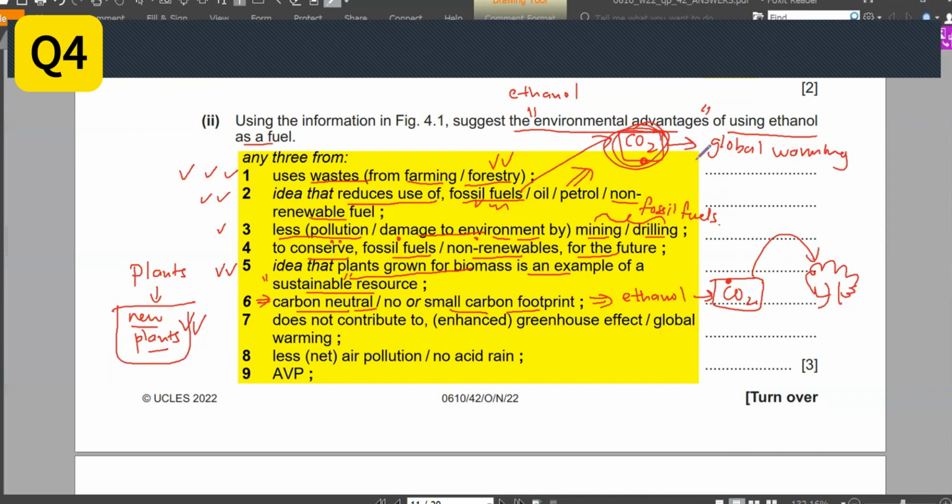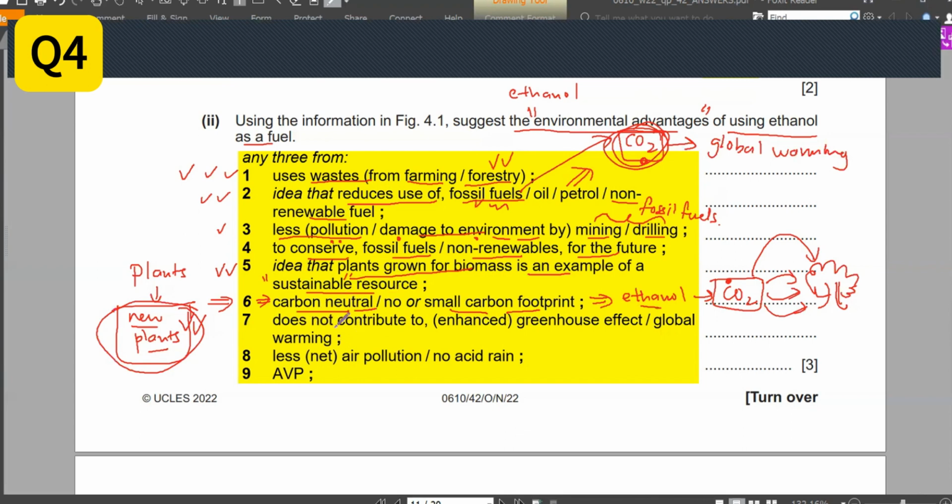It's quite bad. But if we get it from biofuel, it's actually carbon neutral, because at the same time we are planting new plants that will absorb back the carbon dioxide that is produced here. Yeah, so it's good in that way.